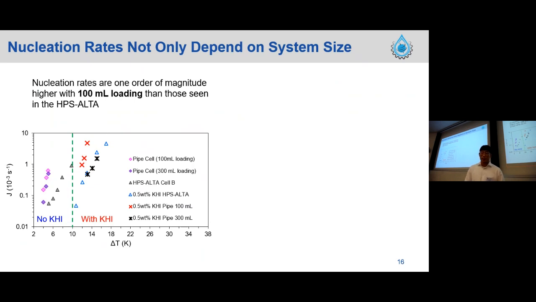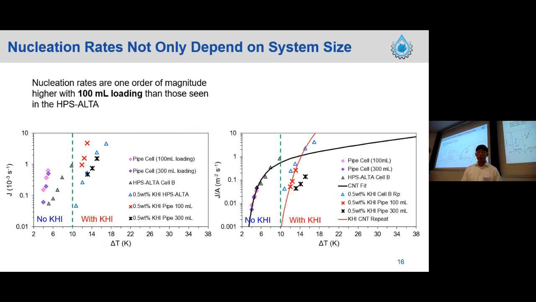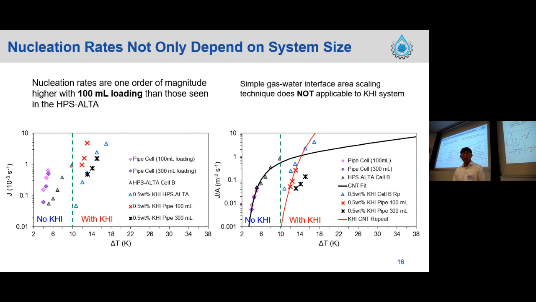So does that previous scaling technique still work with KHI? The answer is no. That simple gas-water interface area scaling is no longer working with the KHI system. As you can see in the red line, the nucleation rate data is not reconciled. That's saying we're missing some scaling factors, or missing some information, when we're using that simple scaling technique.